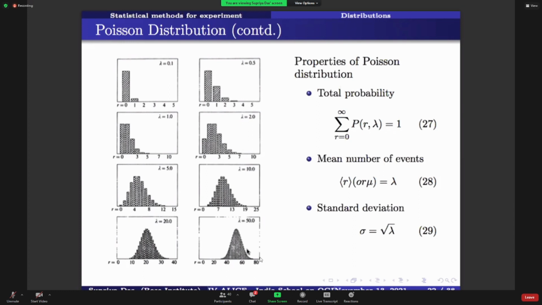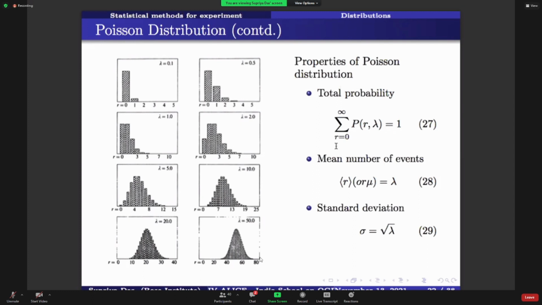And once again, like the binomial thing I told you, keep an eye over this distribution where lambda is very high compared to this. This also has properties.